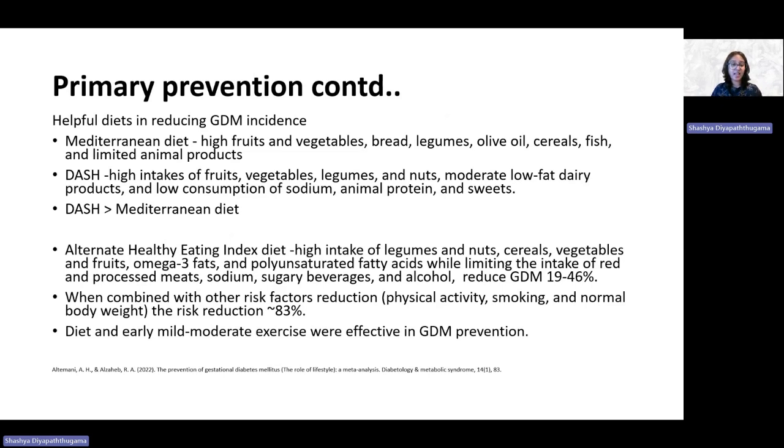Again, this says, based on the healthy eating index, a diet that is high in legumes, nuts, cereals, vegetables, fruits, omega-3 fats, polyunsaturated fatty acids, and limiting the intake of red and processed meats, sodium, sugary beverages, and alcohol would reduce the gestational diabetes risk by up to 46%.